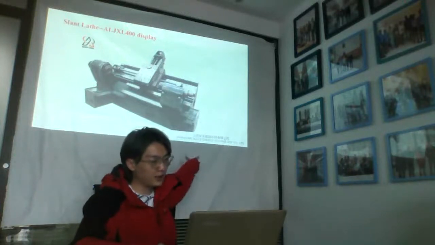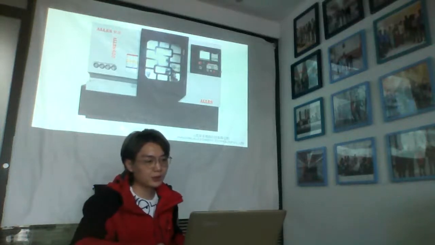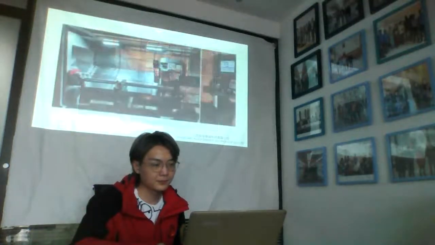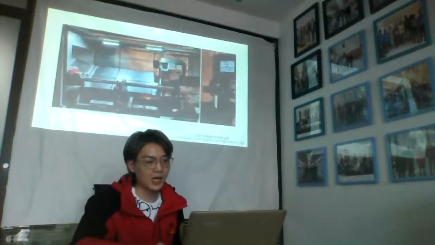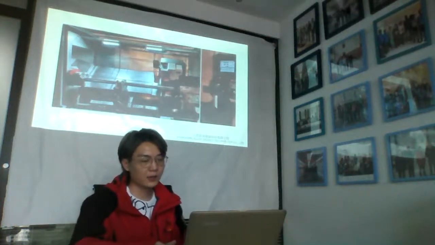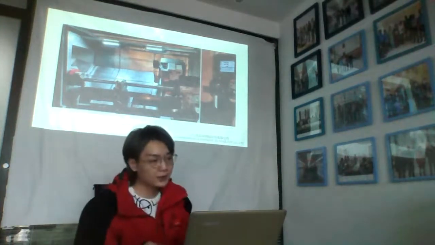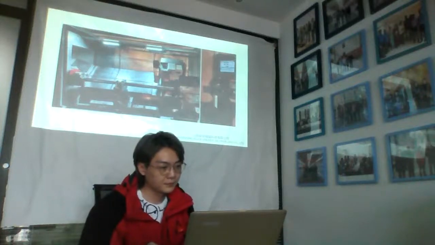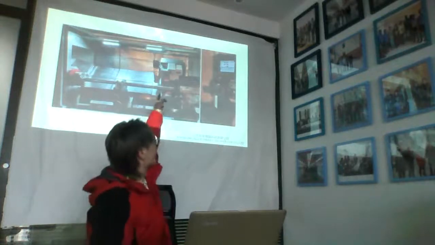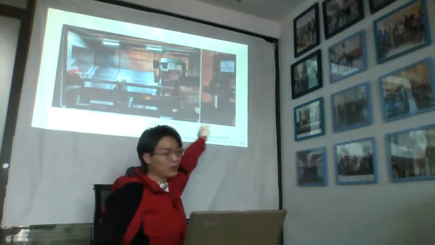And here is the machine bed, the whole machine picture. You can see the inside overview of this type. And the control panel, control system here. And you can see the three doors here, and the turret, and the tailstock here.